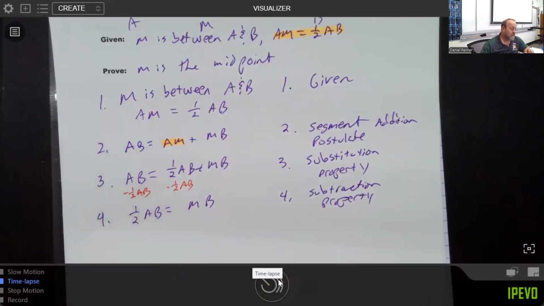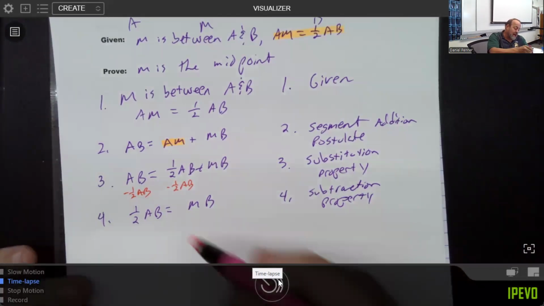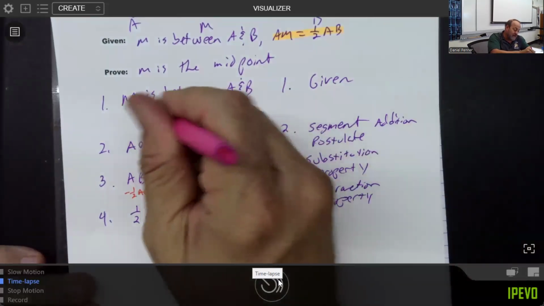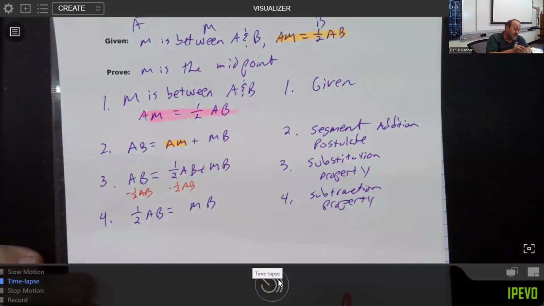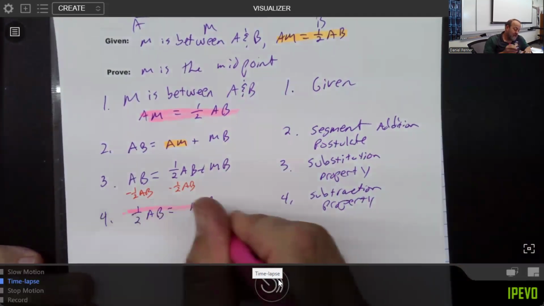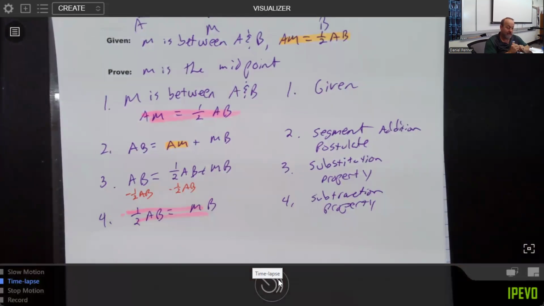But here we go. This is the big part that I want to make really, really clear. AM is half of AB. See that right there? But it says MB is also half of AB.